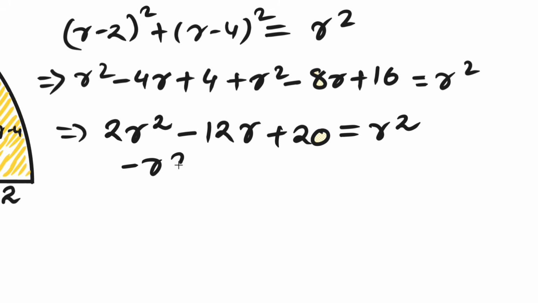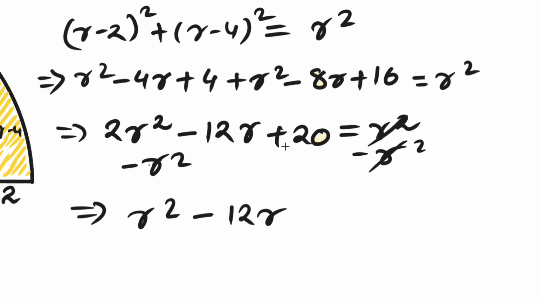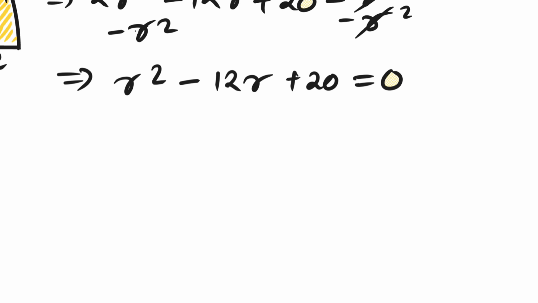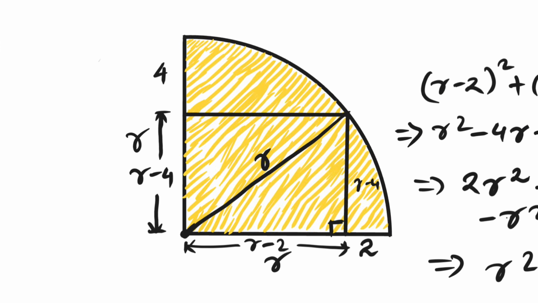Now subtract r squared from both sides. This leaves us with r squared minus 12r plus 20 equals 0. And now we have a quadratic equation in r. Before we move forward, notice something important. We are solving for the radius. And once we know the radius, the area of the quarter circle will be very easy to calculate.